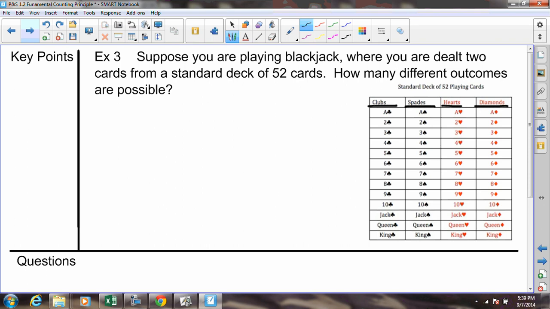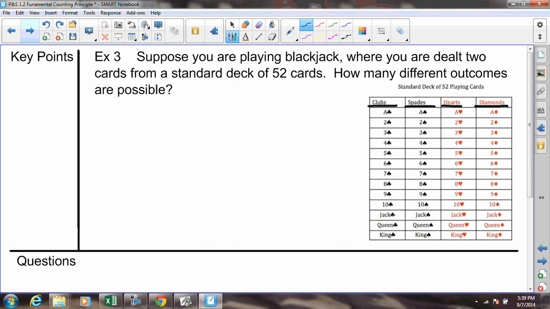Within each of the 4 suits, there are 13 cards. They have the ace, which may be thought of as a 1. So it goes ace, 2, 3, 4, 5, 6, 7, 8, 9, 10. And then the 3 face cards, jack, queen, and king. There are 4 suits, 13 each. 13 times 4 is how you get your 52.